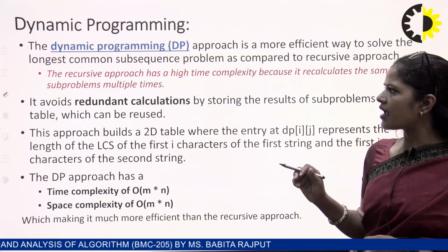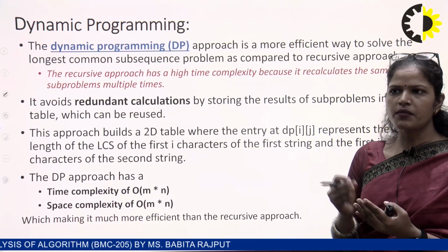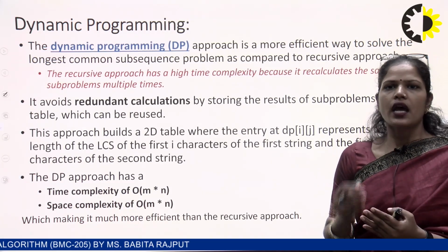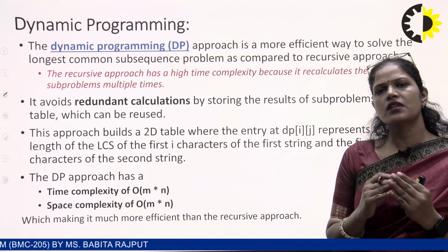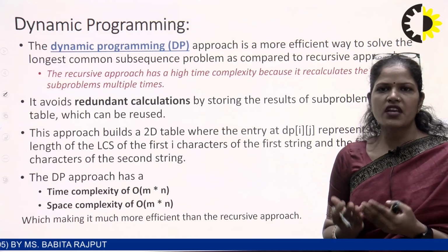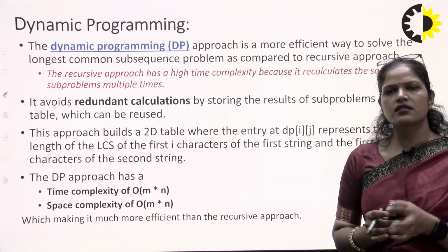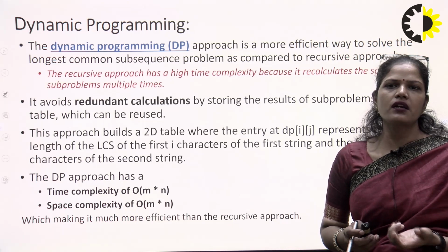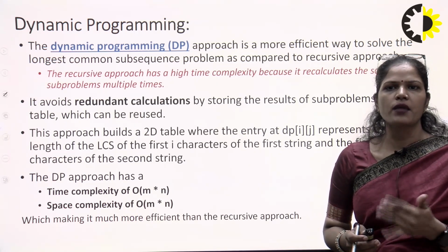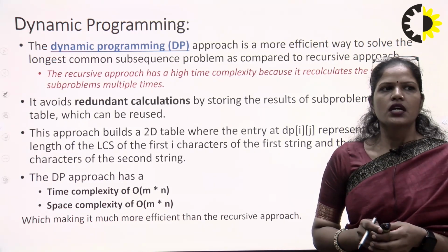Every time we take some common subsequences, and there is a possibility that these common subsequences may have occurred previously, right? So in the recursive approach, we would be storing multiple subsequences more than one time somewhere, right?